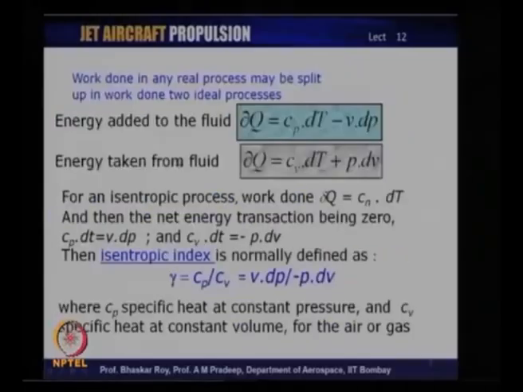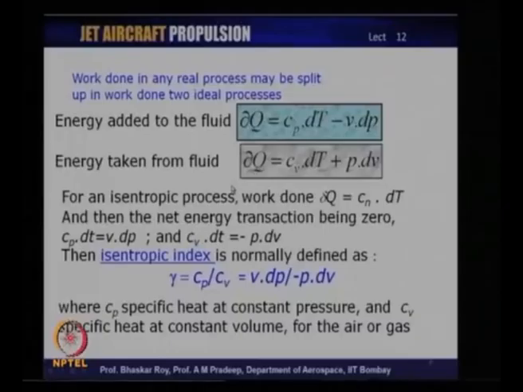So, if we add those work done to C p dT, which is the energy added to the fluid, and energy taken away from the fluid can be put down in terms of C v dT plus P dV. Then, for an isentropic process, the work done can be written down simply as delta Q equals C n dT, where C n is the specific heat of the isentropic process.